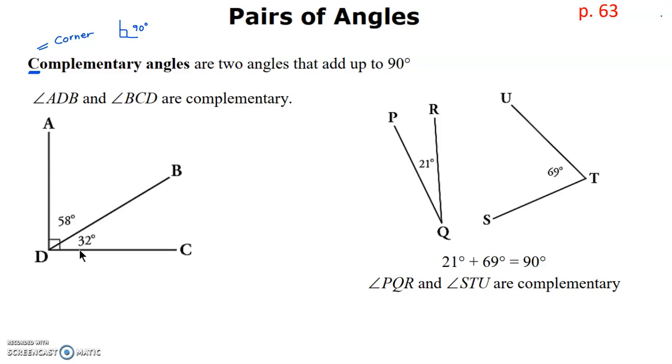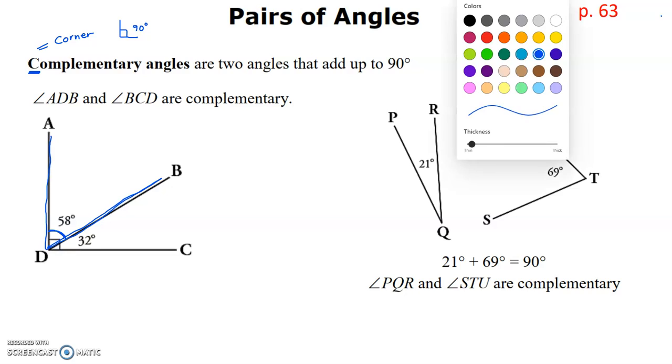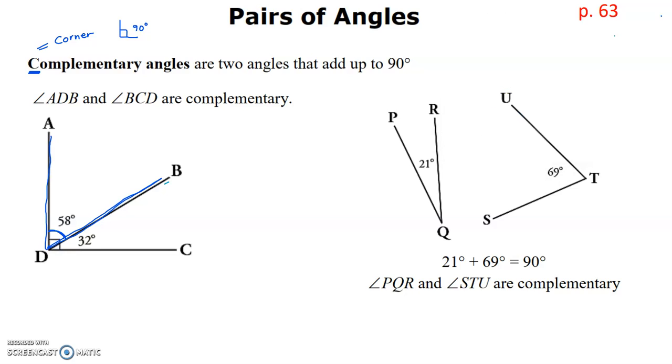one another. So let's look at two adjacent angles, angles that are side by side touching each other. Angle ADB, that I'm marking in dark blue, that angle ADB or BDA is 58 degrees. And then the angle that is beside it, angle BDC, I'm marking in light blue, or you can name it as CDB.